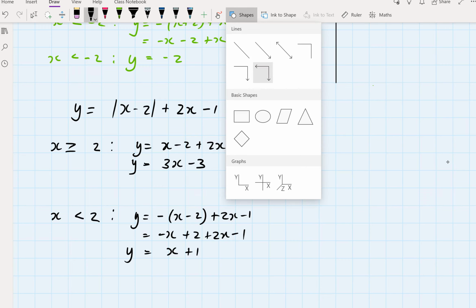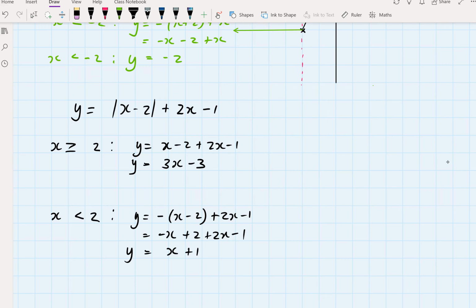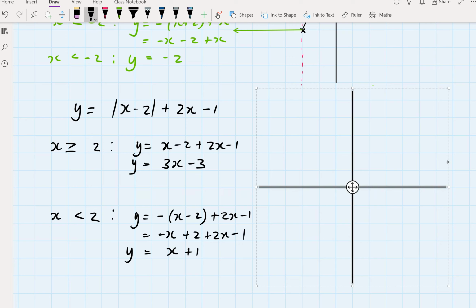So let's have a look and see what this looks like on the axes. The critical value was at 2. So once again, I'm going to draw a little dotted line down where x is equal to 2, because different things are happening on either side of that line.